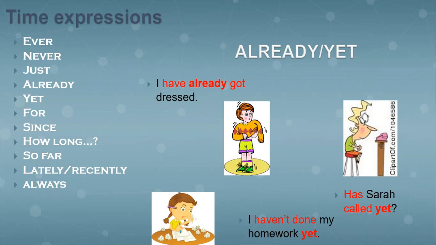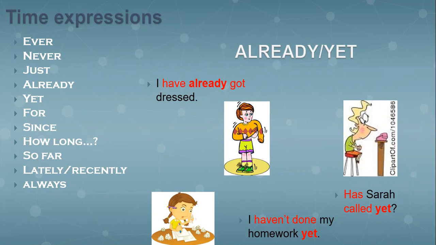Okay? We have other two keywords or time expressions. We have the word for and the word since. For here represents a duration. I have been playing for 4 hours. The duration, the amount of time I spent doing the action of playing is 4 hours. So if I want to state an amount of time I spent doing a certain action, I say for.